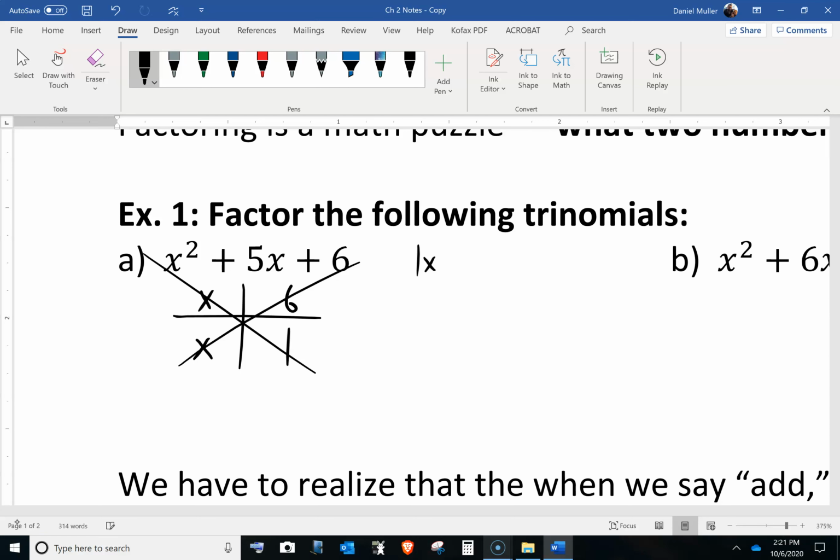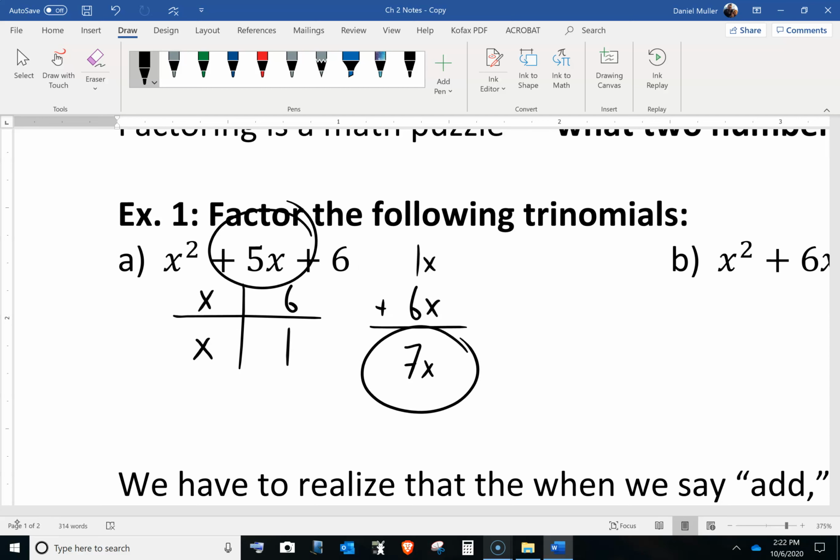If I multiply that one together, I would get an x6, but that looks weird, so I just write 6x. Then if you add those 2 together, 1x and 6x are like terms, so you get a 7x. And the idea is, is this the same as the middle term? Clearly it's not. So that tells you that you need to redo this puzzle.